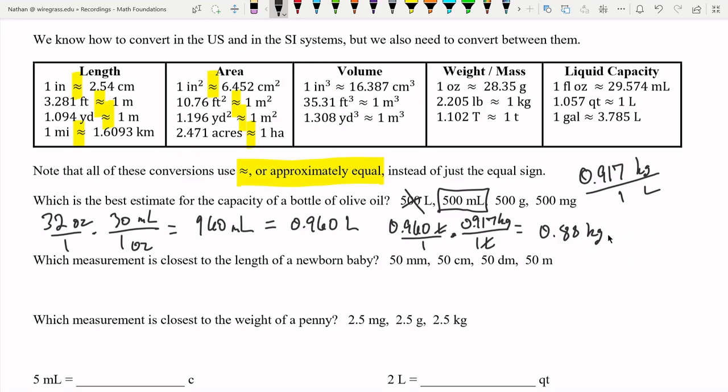And this, of course, is the same thing as there are 1,000 grams per kilogram. You just multiply this by 1,000, move the decimal point over 3 spaces. It's going to be 880 grams. So 500 grams is, again, fairly close to this. 500 milligrams, however, if you move this over 3 more spaces, you're going to get milligrams, and it's going to be 880,000 milligrams. So no, this is way too small for a measurement.